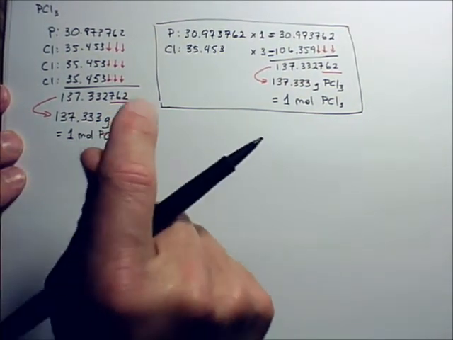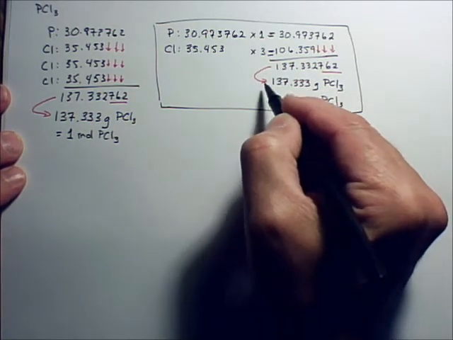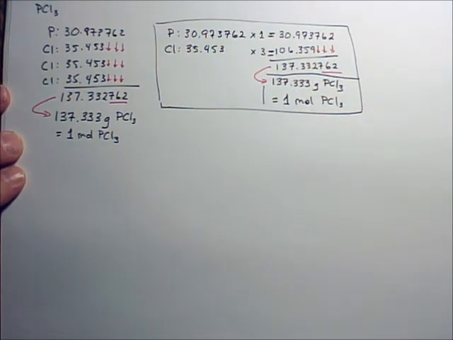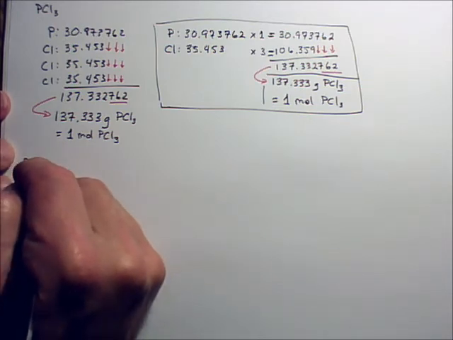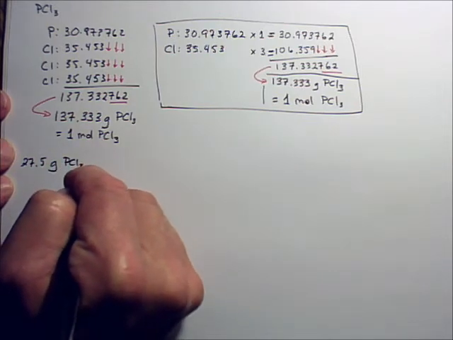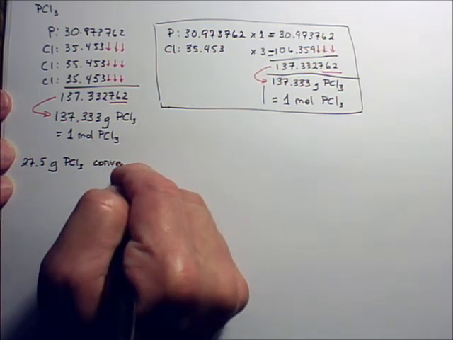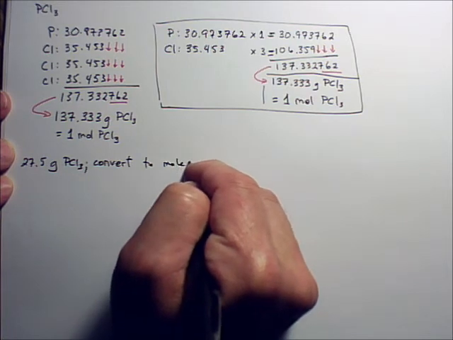Now we're going to use this molar mass. If you calculate the molar mass the way I've taught you here, you're already going to have this equality statement. Since we have an equality statement already, I'm ready to use that to build a conversion unit. Let's say I have 27.5 grams of PCl3, and I want to convert that to moles.